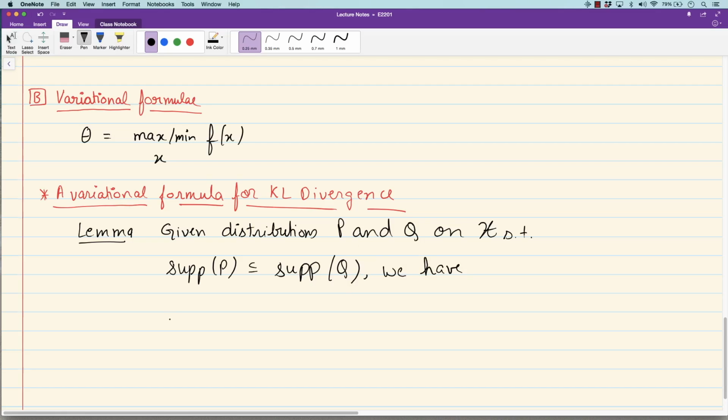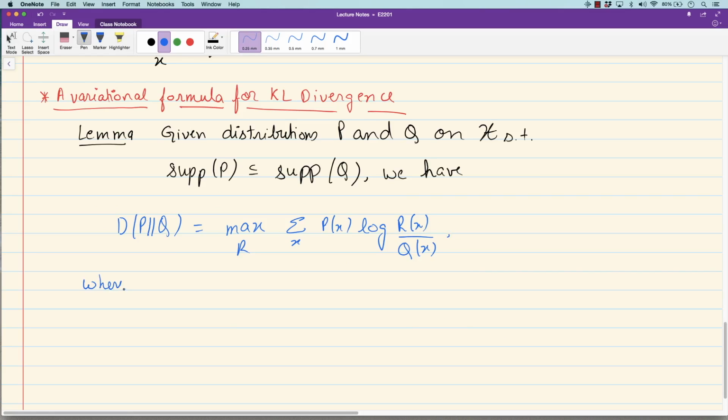Then we have D(P||Q) equals max over R, I'll describe which are allowed, of the summation over x of P(x) log R(x)/Q(x). So instead of P(x) here, you have R(x) inside the log.